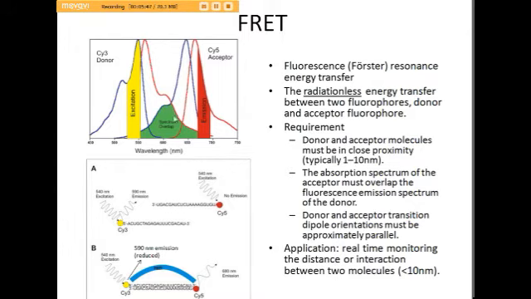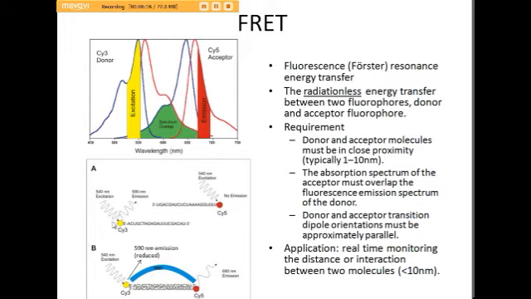You can see the overlap region here. And the last requirement is that the donor and acceptor transition dipole orientations must be approximately parallel. So this is the dipole requirement. Only if all these three requirements are fulfilled could there be FRET between the donor and acceptor fluorophore.